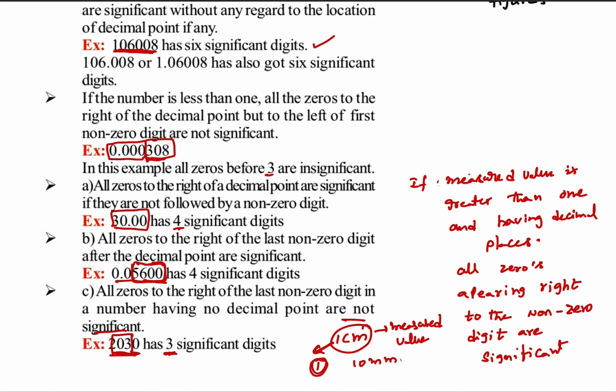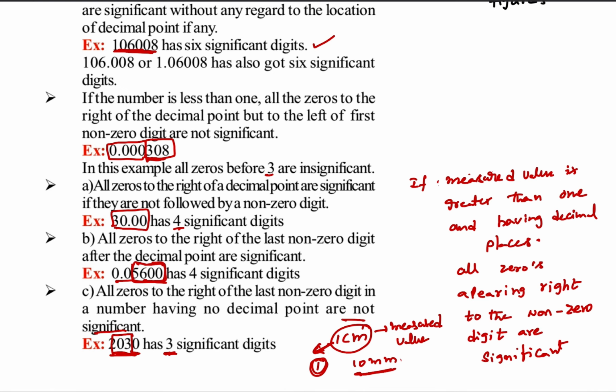So my measuring instrument measures in terms of centimeters. Okay, it can give 1 centimeter, 2 centimeter, 3 centimeter, like that. Nothing but here significant is 1 digit only. If I want to write the same value in terms of millimeter, the same 1 centimeter can be written as 10 millimeter also.